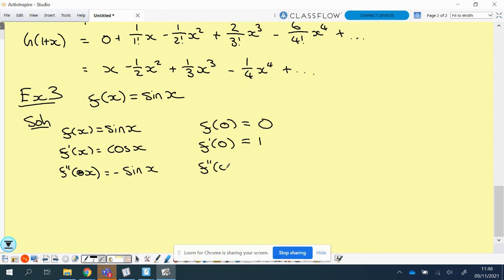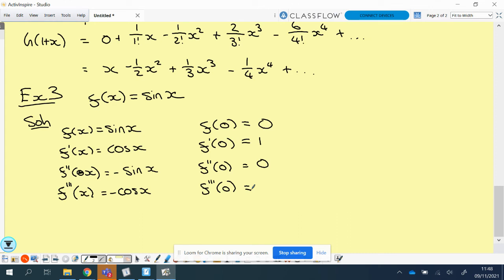However, every time we put 0 into sine, we get 0. Third derivative, we get negative cos. What would I get if I put 0 into negative cos x?